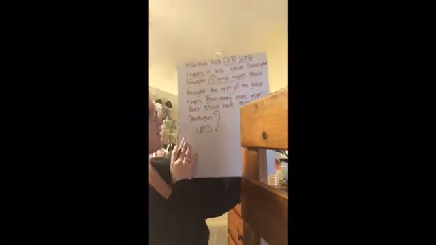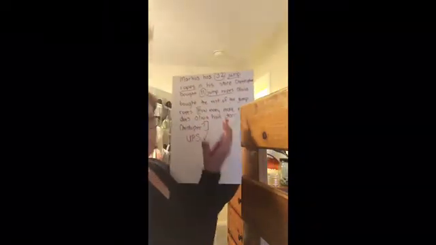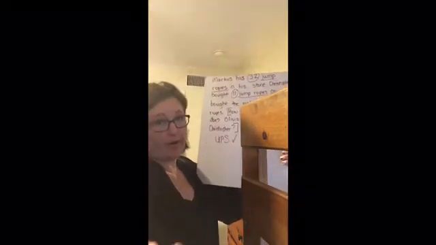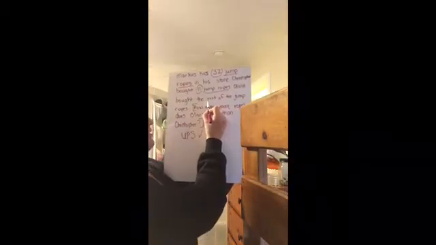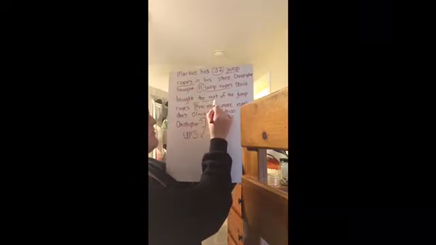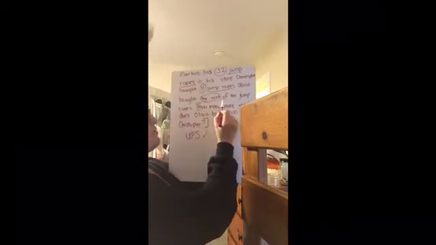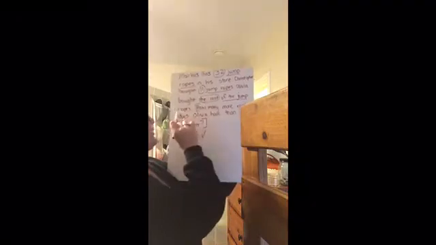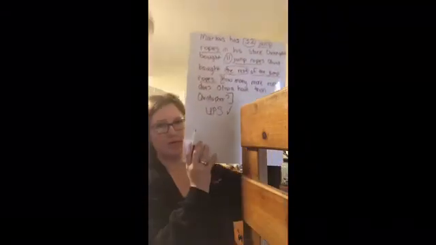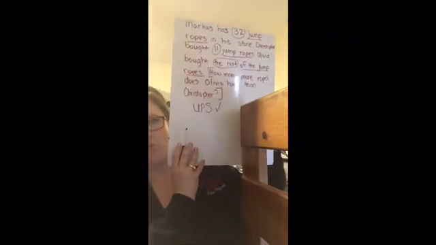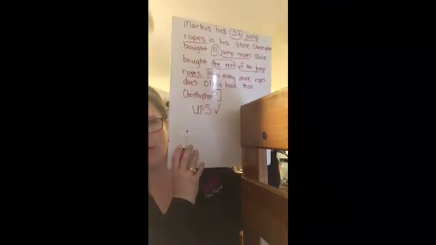And then I have my unknown. What's an unknown? That's what I don't know. So the rest of the jump ropes, I'm actually going to go ahead, even though that's not a number, and circle it because that's what I need to know, the rest of the jump ropes. Okay, so that's the information that I have. And what am I specifically trying to figure out?